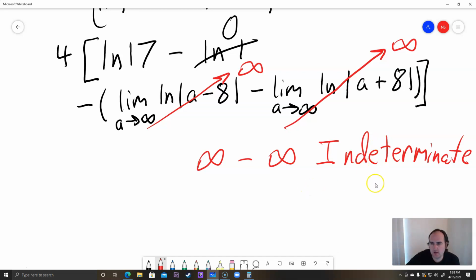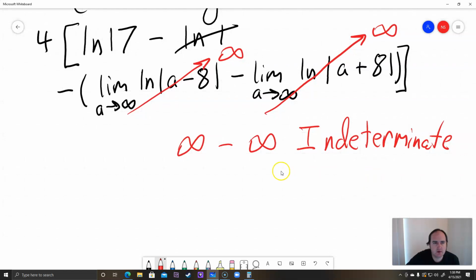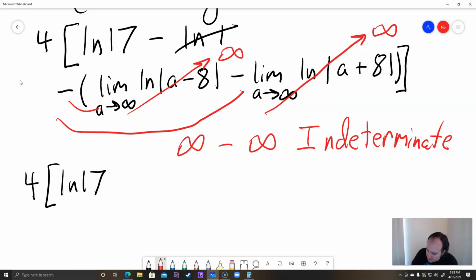Okay, so what we're going to do here is we're actually going to factor out the limit here. And we'll go ahead and distribute the minus while we're at it. All right. So up here we have a 4 times ln of 17. And then distributing the minus. Since we got indeterminate, we're going to have to do something.